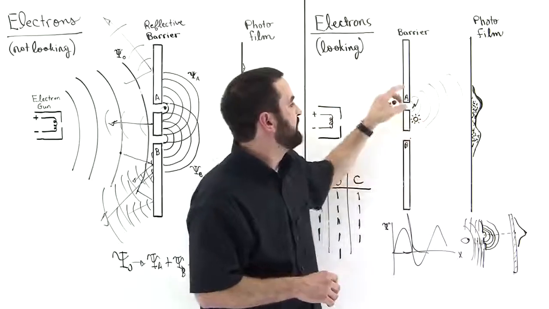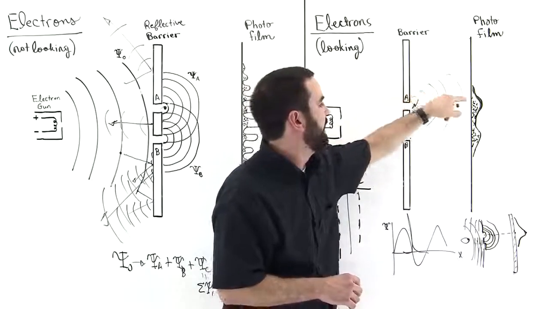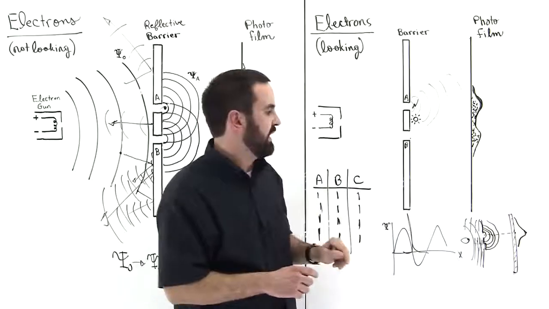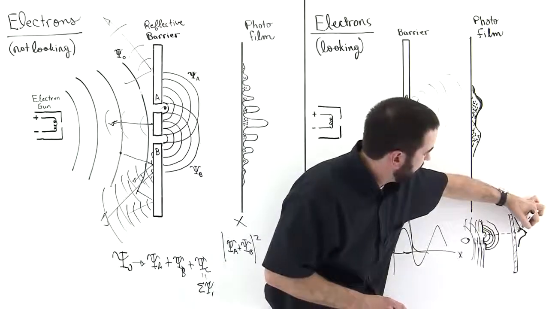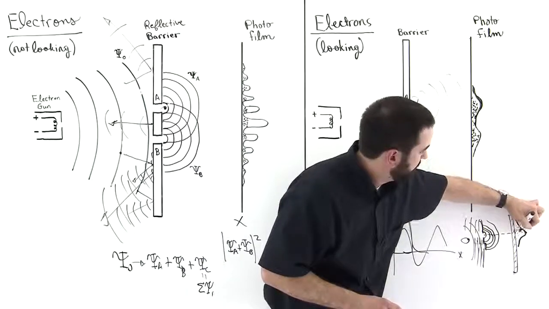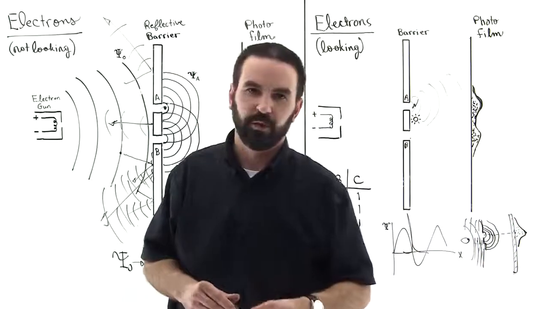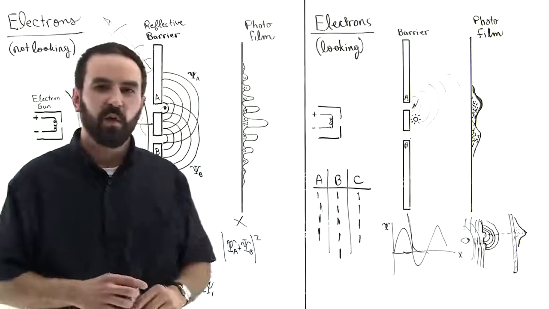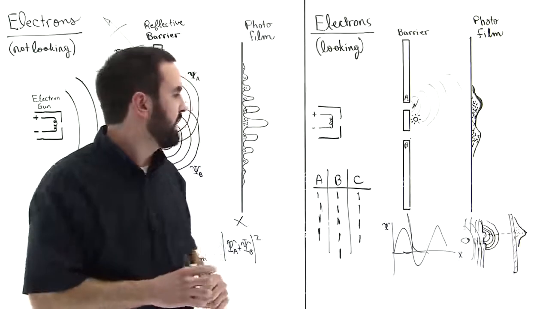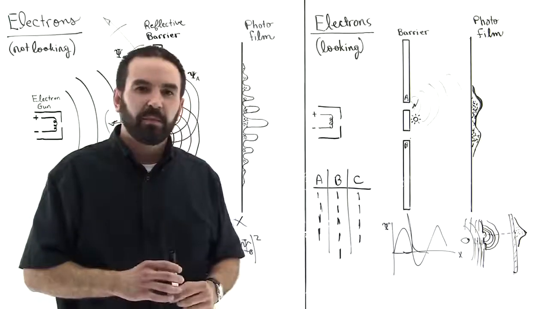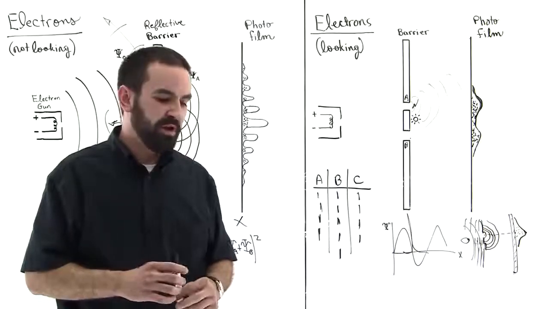And then the probability distribution of that source arrives at the backstop, and we get a nice bell-shaped curve of where the electron could arrive. Okay? So this is Introduction to Quantum Mechanics Part 2, elaborating on the bizarre nature of the theory.